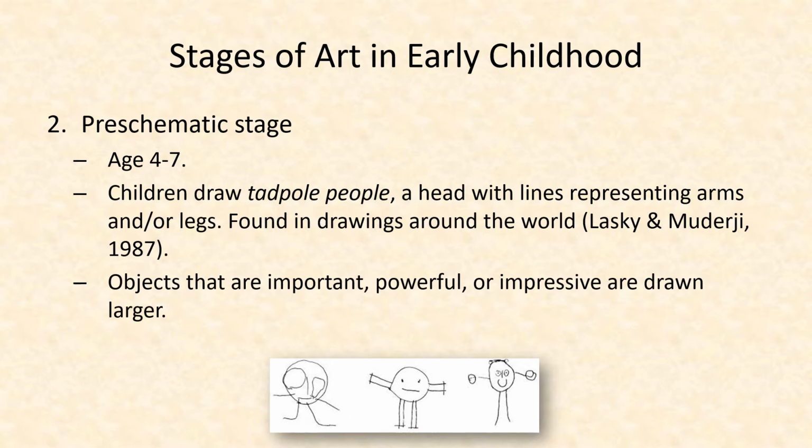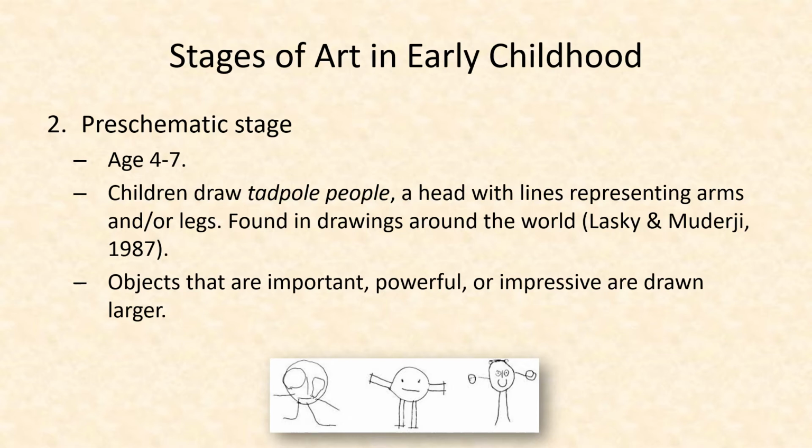So typically when children in this stage are drawing people, they draw what we call tadpole people. In other words, you're going to see a head, and then you're going to see something that represents arms or legs, because they know that arms and legs are found on the person, but they're not the primary piece. It's really the face of the person.